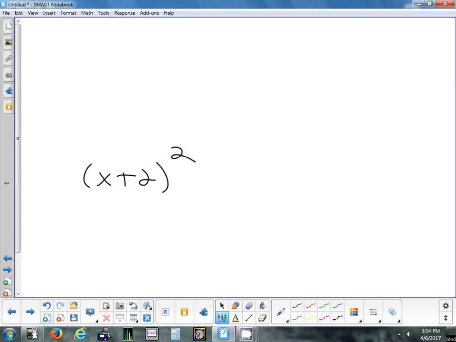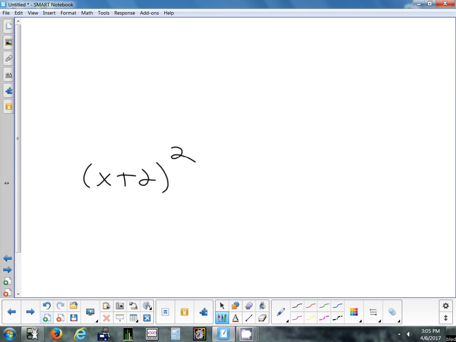If you had to, it's x squared plus 4. Or factored out would be x squared parentheses, x plus 2 parentheses, x plus 2. And then if you did all that out, what would you get here?